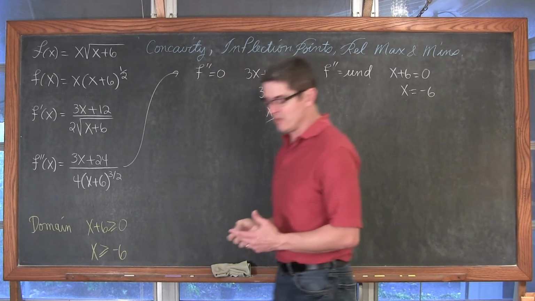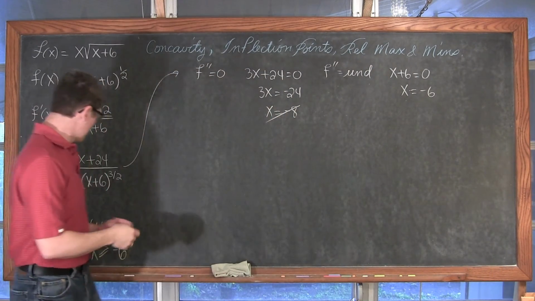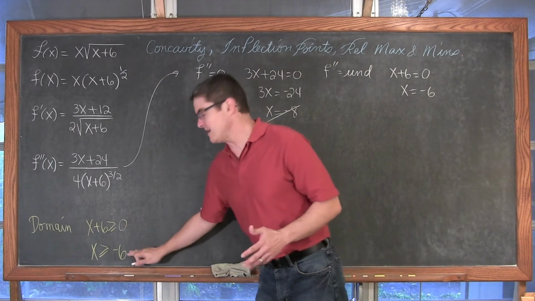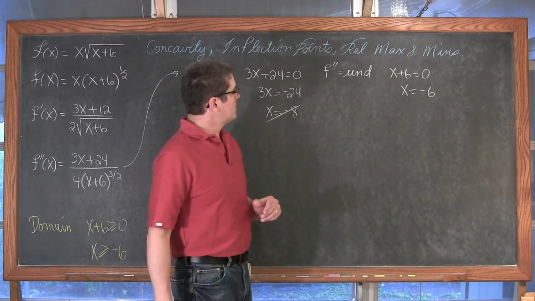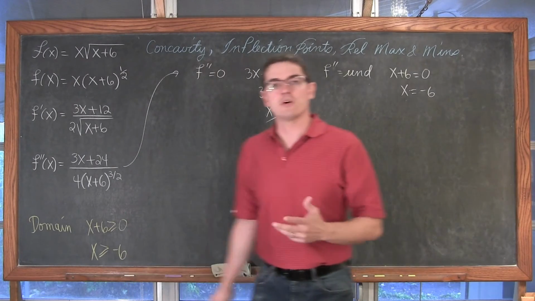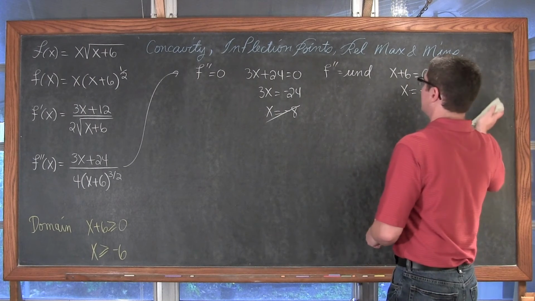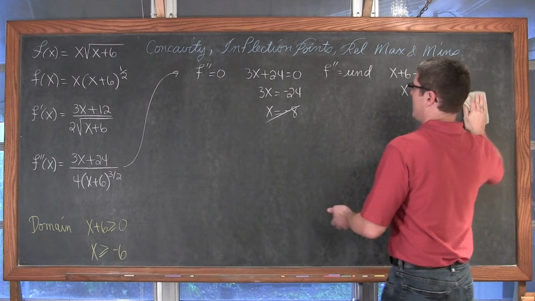That's where our second derivative is undefined, and that's just at the very edge of our domain. Our domain actually starts at negative 6 and goes to the right. So we only have one interval of interest as far as checking concavity, and that is from negative 6 to infinity. So I can put that here.